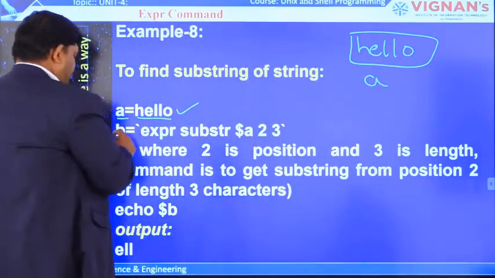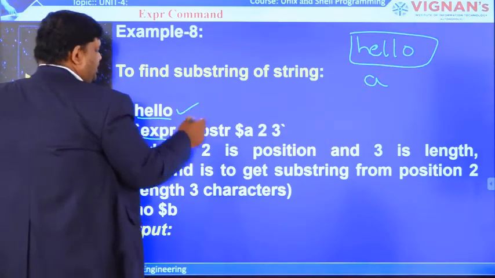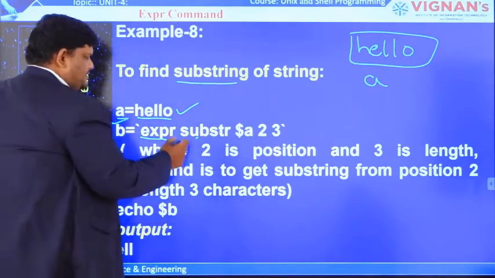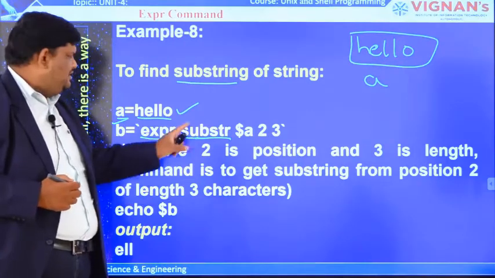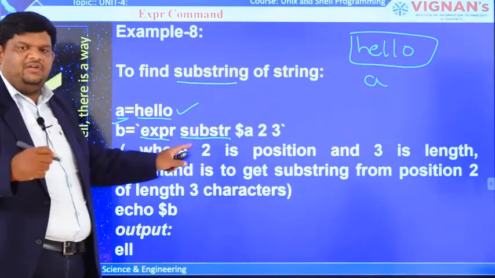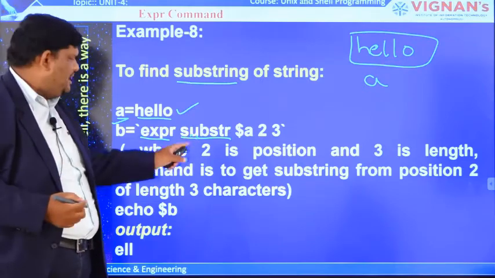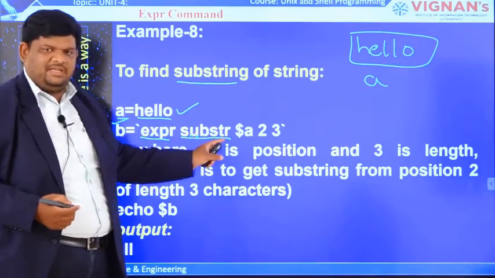Now the expression B is equal to EXPR. Our aim is to find the substring from the given string. To find the length of the string we give the word length, to find the index we give index. Like that, if you want to find the substring, we have to give SUBSTR. SUBSTR is nothing but string, substring.